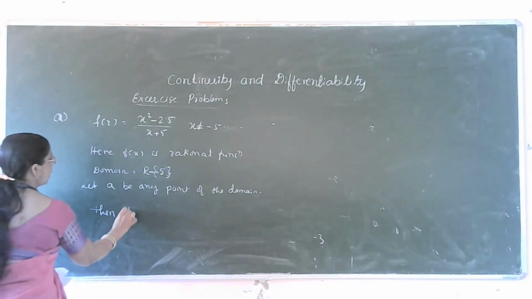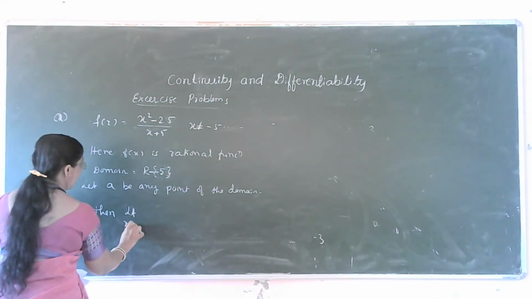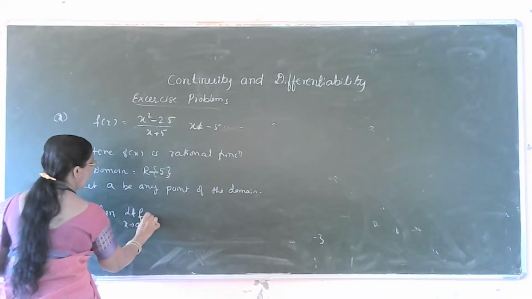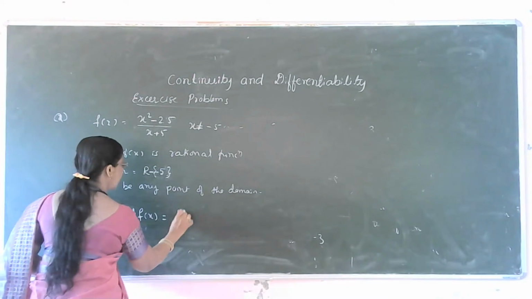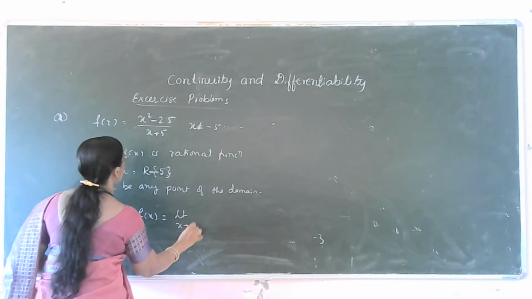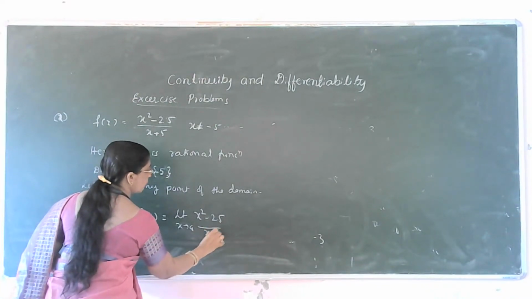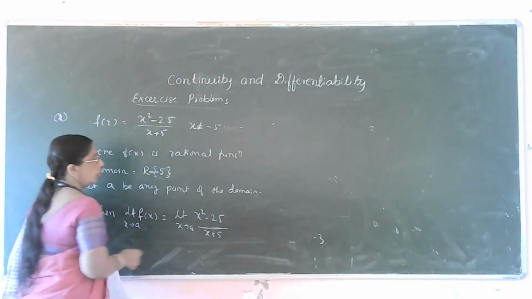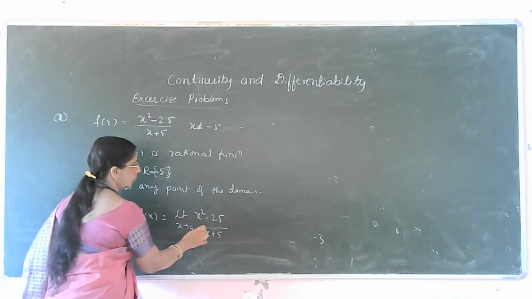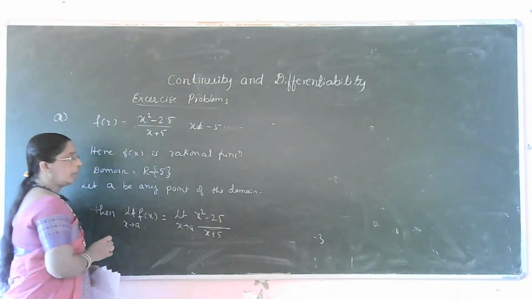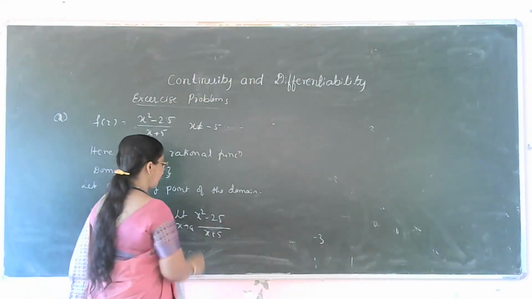Then we take the limit of the function as x tends to a of f of x, which is equal to the limit as x tends to a of x square minus 25 divided by x plus 5. You already studied this in the previous class.